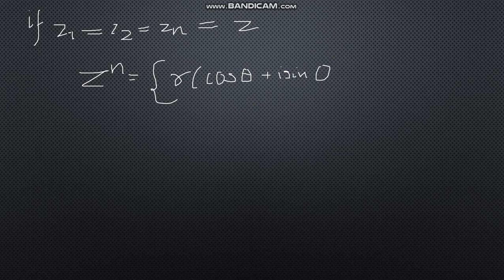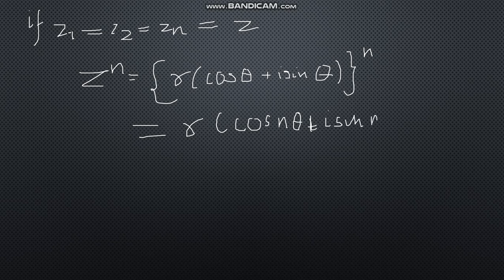So z to the n is equal to r to the n (cos n theta plus iota sin n theta), which is known as de Moivre's theorem. So this is the form of de Moivre's theorem.